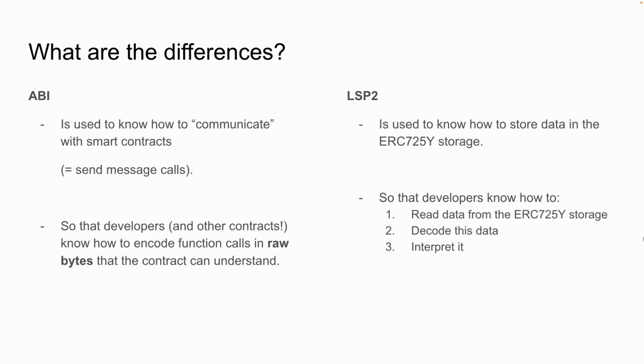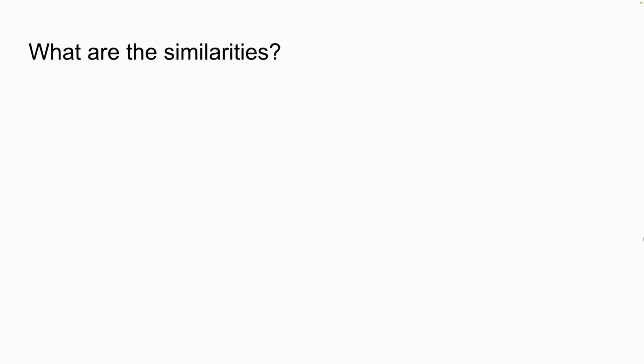So the main difference in summary between ABI encoding and LSP2 encoding is that ABI is for the inside-out, contract-to-contract interaction, and LSP2 is for the outside-in, which is how data is stored in the contract storage.